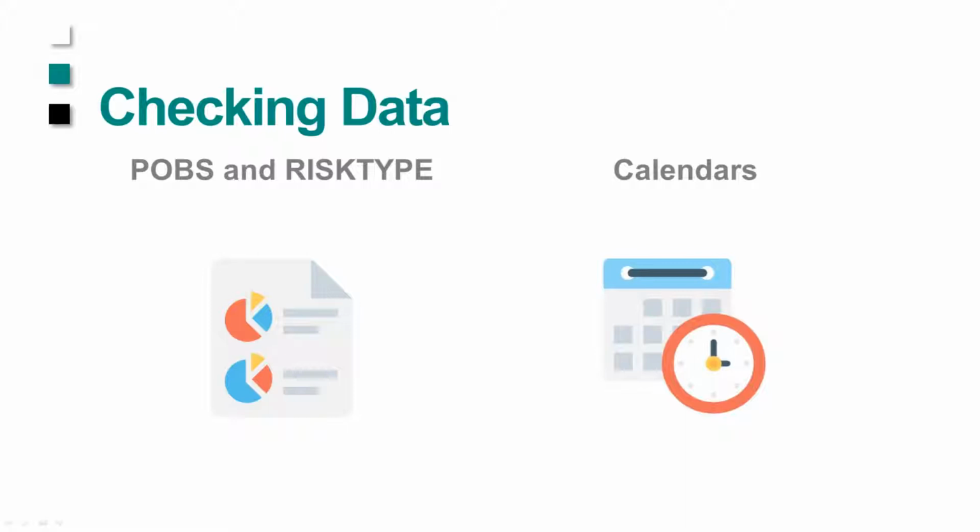So a few years back, of course, we had our POBS issue that was running rampant and being transferred with those P6 files, those XERs. So that's kind of tamed down a little bit now, but in most recent years, we've found that we have a risk type issue.